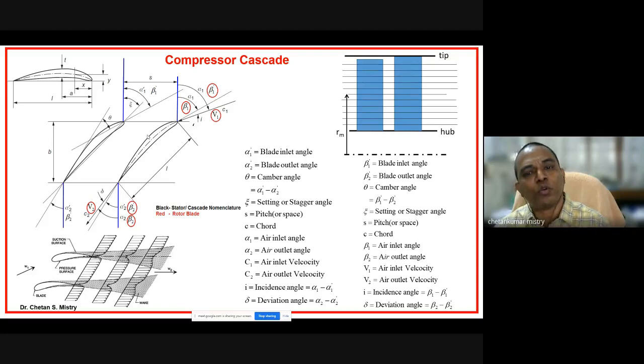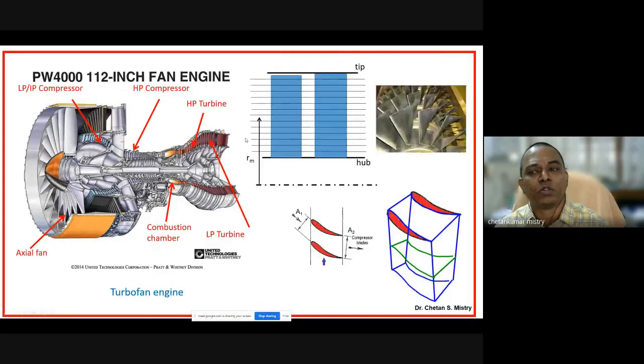Let me show you those cascade facilities. Here, this is your actual blade. At different sections you have different angles. That is why they did testing at the hub region, at the mid section, and at the tip section. Based on all that experimental data, you can understand that NASA in those days was working hard to generate this data, and the data was transferred to engine manufacturing companies.